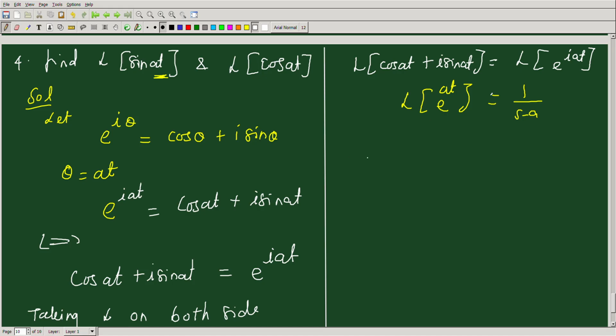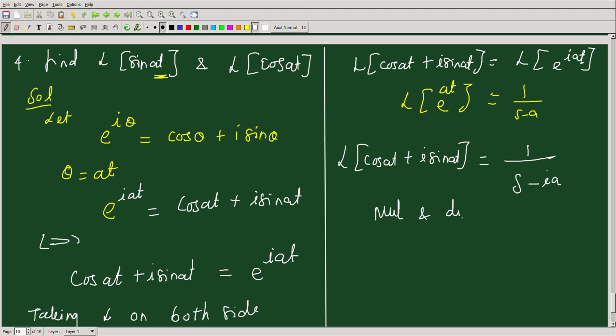Left side, write as it is: Laplace transform of cos at plus i sin at. On the right side, the Laplace transform of e power i at formula is 1 by s minus the coefficient of t, so s minus ia. It is a complex number. Always don't keep the i in the denominator; multiply and divide by the conjugate. The conjugate of s minus ia is s plus ia.